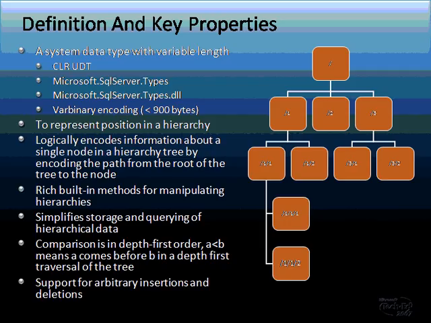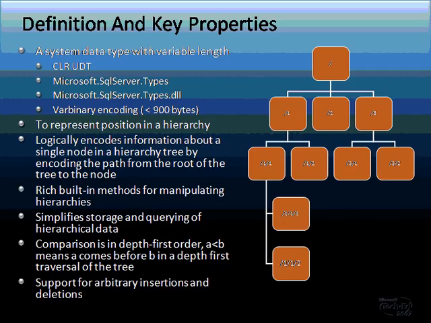It's a system type. Because it's a CLR UDT type, we also have a namespace for that type. It's called Microsoft.SqlServer.Types. This type is located in that namespace. Also, we have an assembly DLL associated with this type, called Microsoft.SqlServer.Types.dll.